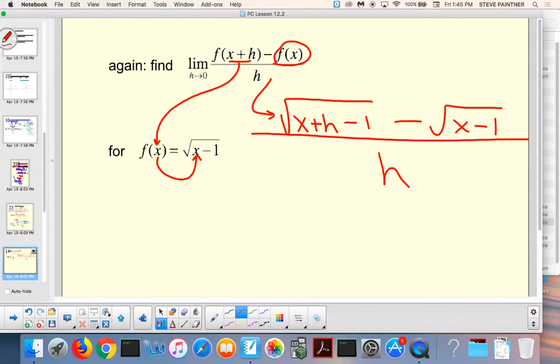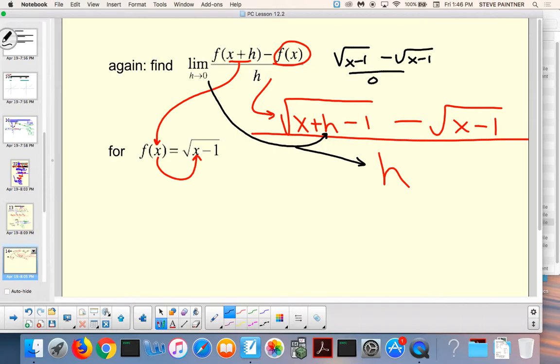If you do direct substitution and just let h be 0, you'd get square root of x minus 1 minus square root of x minus 1, which is 0 over 0.